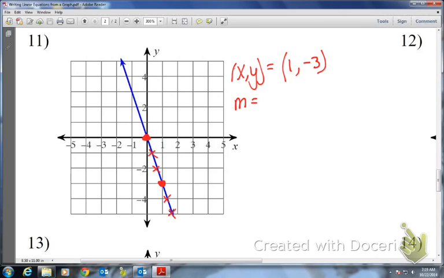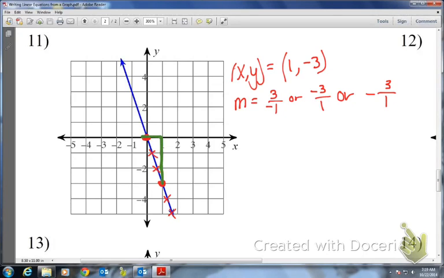And if I get my green marker back out, I can count. So rise over run. I count 1, 2, 3. So that's a rise of 3 and a run of -1. So my slope is 3 over -1. Or you could also write it as -3 over 1. Or you could even write it as negative out in front, 3 over 1.